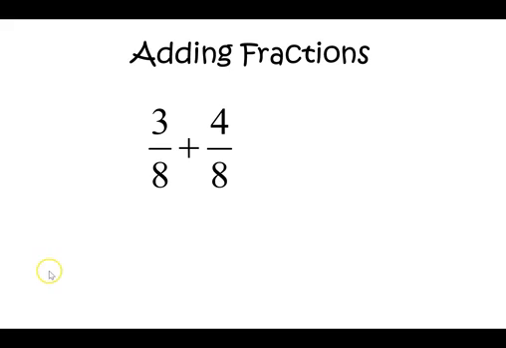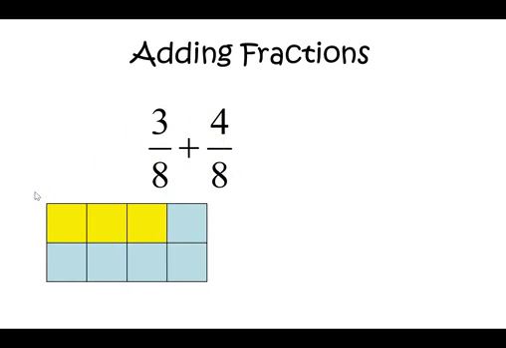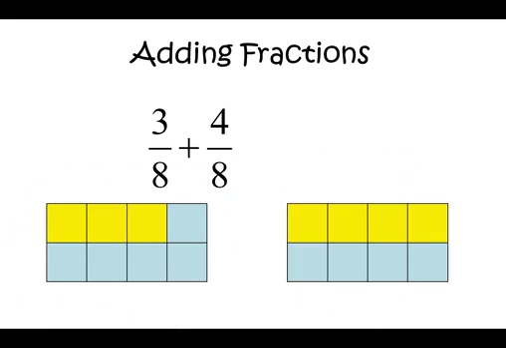And I want to show you why that is. Why don't we add the denominators and the numerators, Mr. Engel? Well, great question. Let me show you why. Here is a picture of 3/8. 1, 2, 3 out of 8 squares, 3/8. Here is a picture of 4/8. If I want to add 3/8 plus 4/8, that's what it looks like.